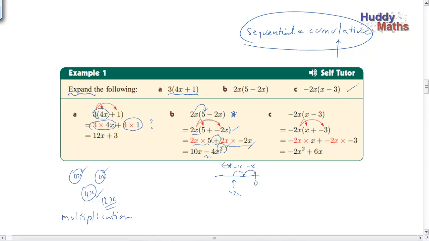Okay, what about this one here now? So it's neg 2x times the first one and neg 2x times neg 3. So here, neg 2x times x plus neg 2x times neg 3. You can leave this line out if you're good enough. Neg 2 and x by x is x squared. There's that notation again. But neg 2x by neg 3 is plus 6x.